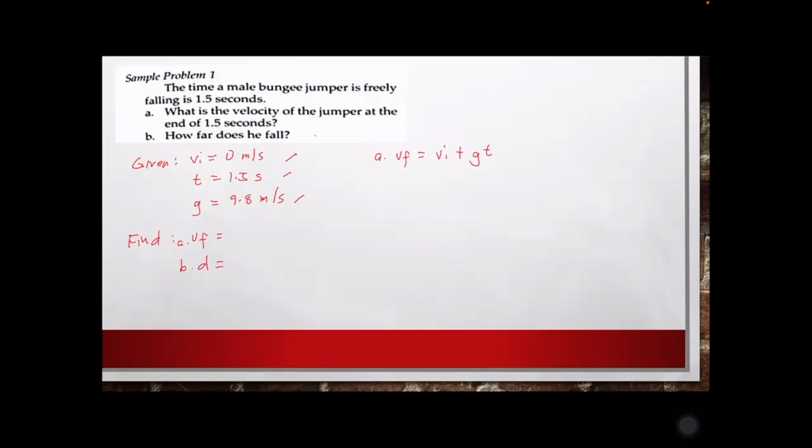So to get the final velocity, we have 0 plus 9.8 times 1.5.